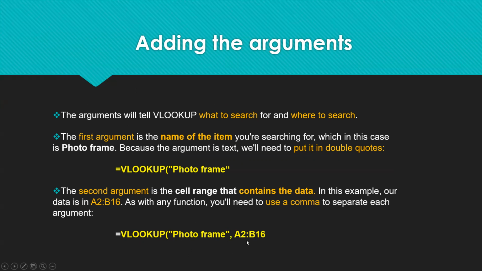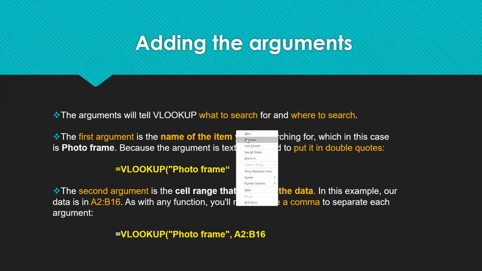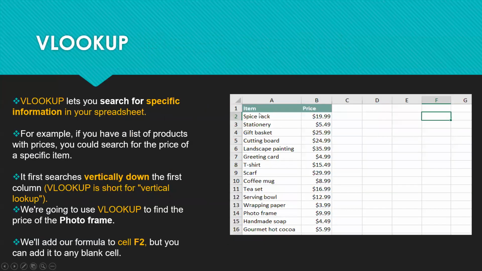The next is the set of records where all the data is present, which is A2 to B16. If we go to the previous slide, it starts from A to B16 here. So it's going to search for items in this particular set of records.